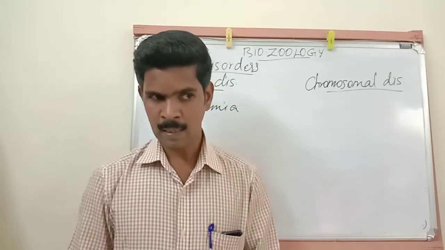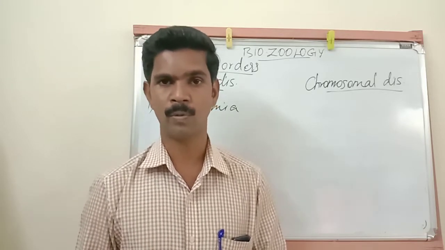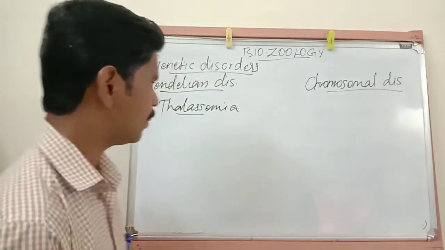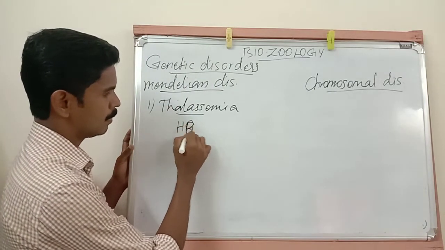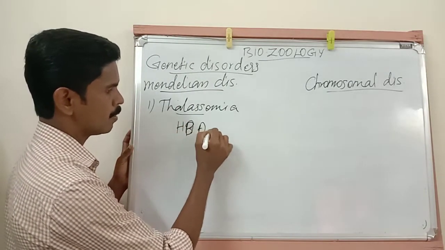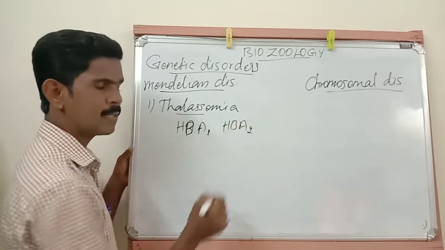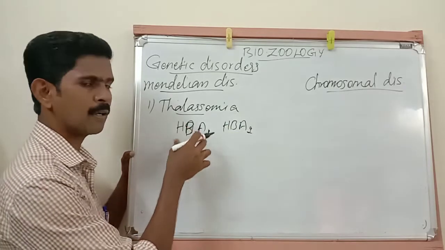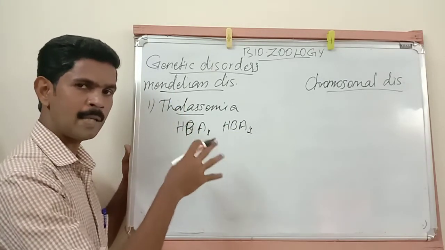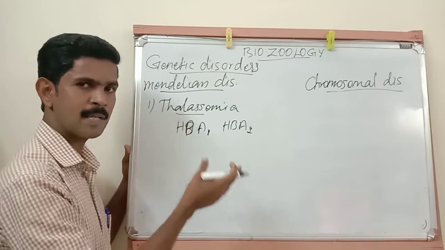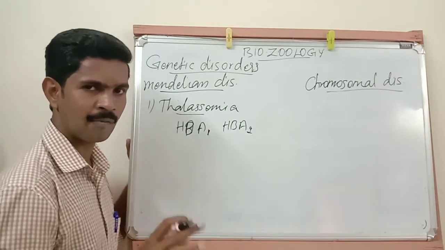Alpha thalassemia is due to two genes. The names of the genes are HbA1 and HbA2. These two genes are responsible for the production of alpha chains. If any damage or alteration takes place in these genes, they produce abnormal alpha chains.